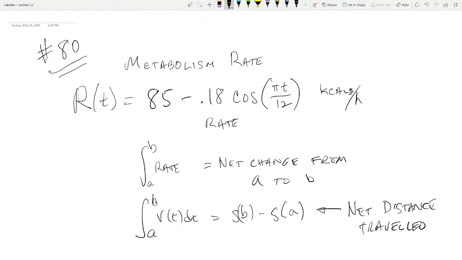When the velocity is, say, meters per hour, the net distance will be the meters that you traveled in that given time period from A to B.